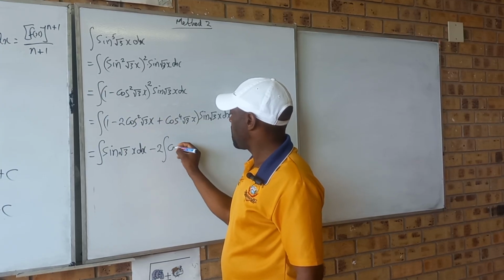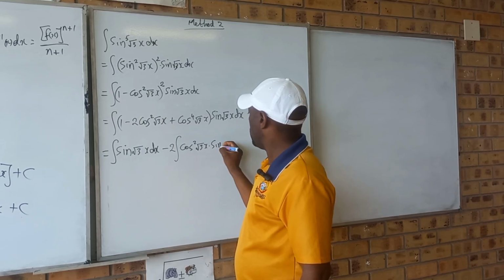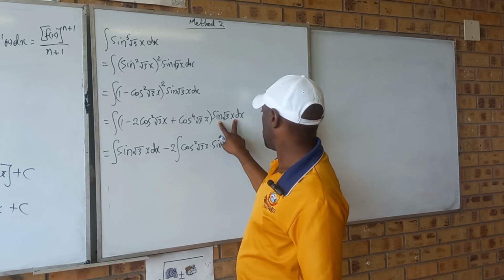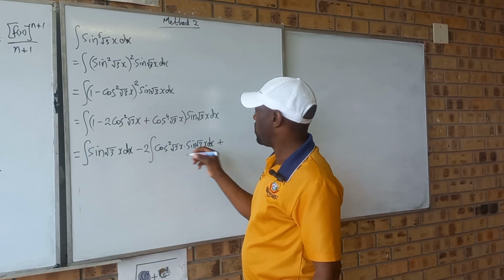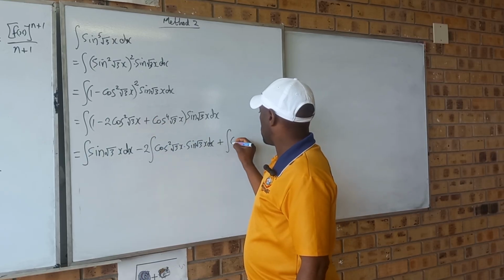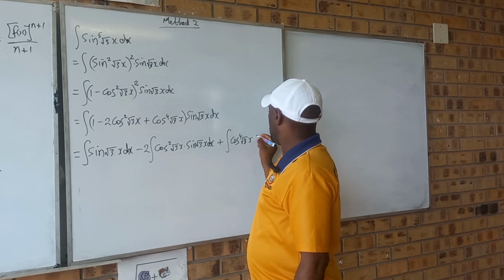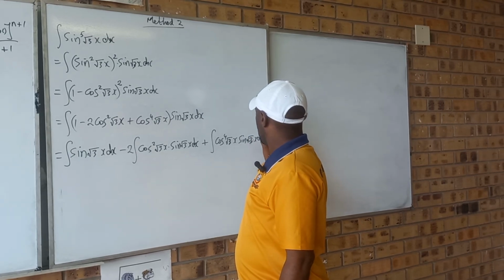So I'll get cos squared root 3x multiplied by sine root 3x dx. That's my second term. Then the last term, after the positive sign, sine will multiply cos to the power 4 of 3x dx.